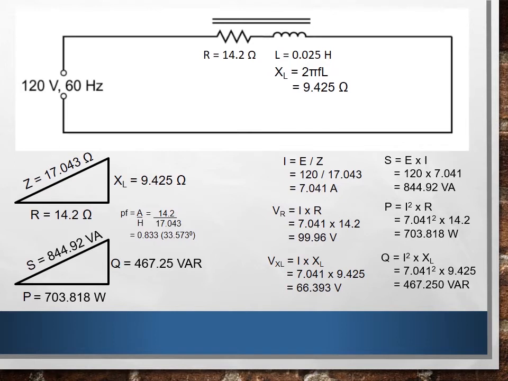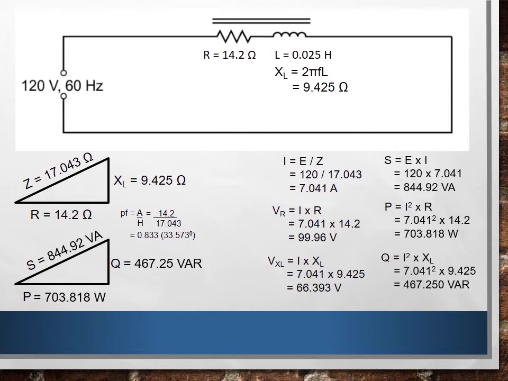I squared times XL, 7.041 squared times 9.425, gives me a total reactive power of 467.25 vars. When I put these into my triangle, I can double check my math by applying Pythagoras' theorem. They should come out within a couple decimal points.